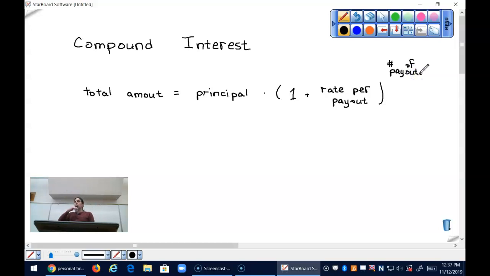So you take your principal, you add 1 to the rate with that 1 plus trick we briefly mentioned earlier today, and then the exponent is the number of payouts.